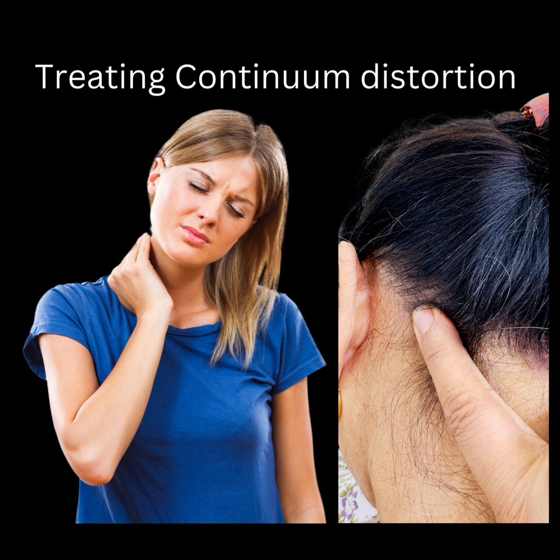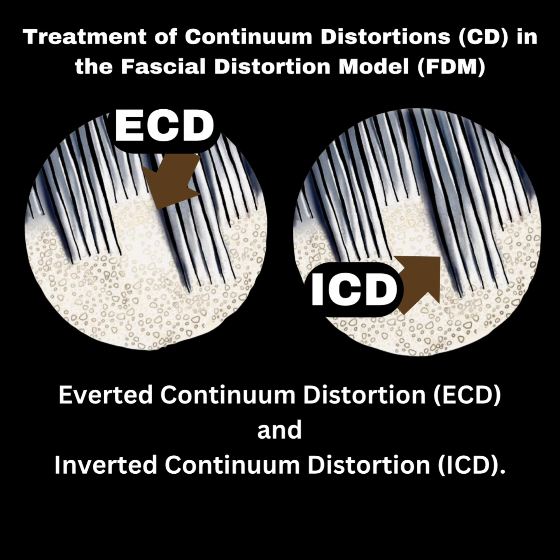Treatment of continuum distortions in the fascial distortion model. The treatment of continuum distortions within the fascial distortion model is a manual therapy technique designed to correct disruptions at the fascia-bone interface. Continuum distortion can occur in 2 forms: Everted Continuum Distortion, ECD, and Inverted Continuum Distortion, ICD.